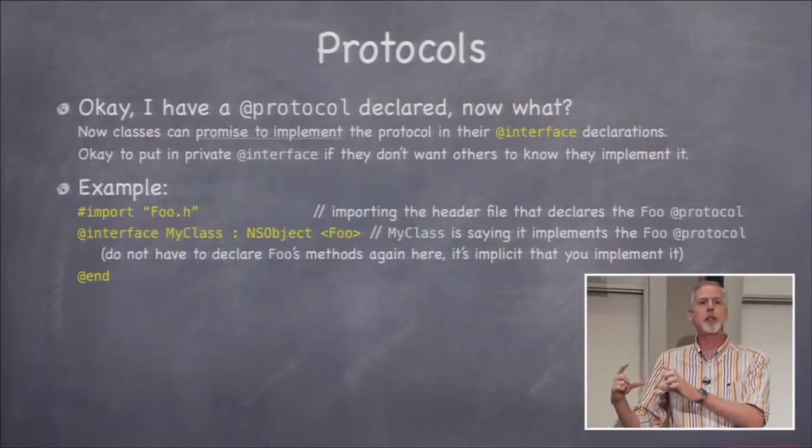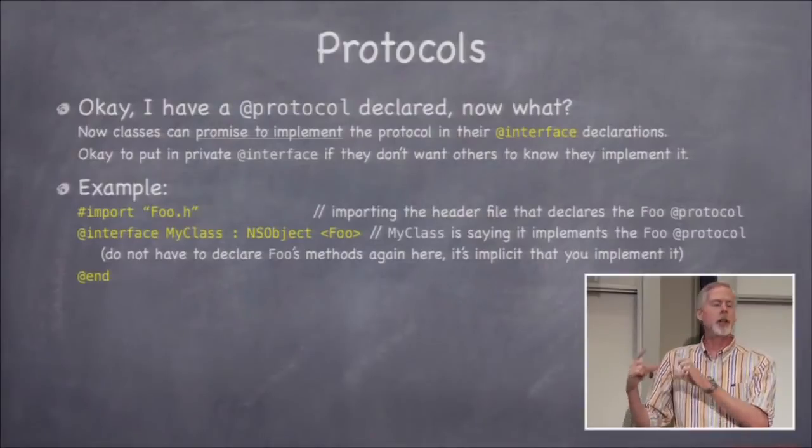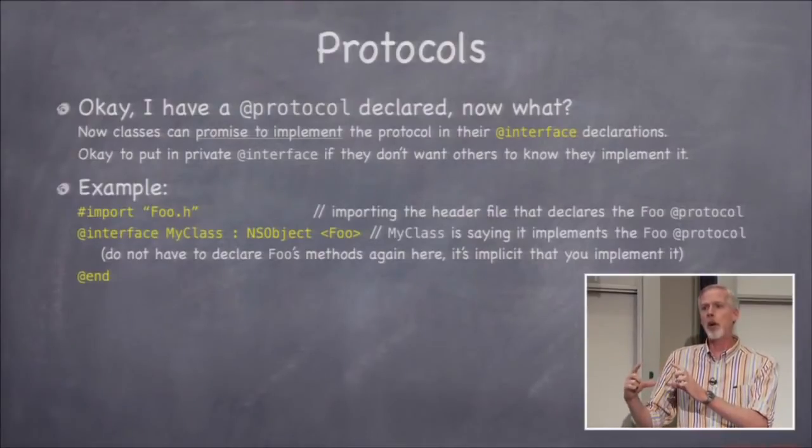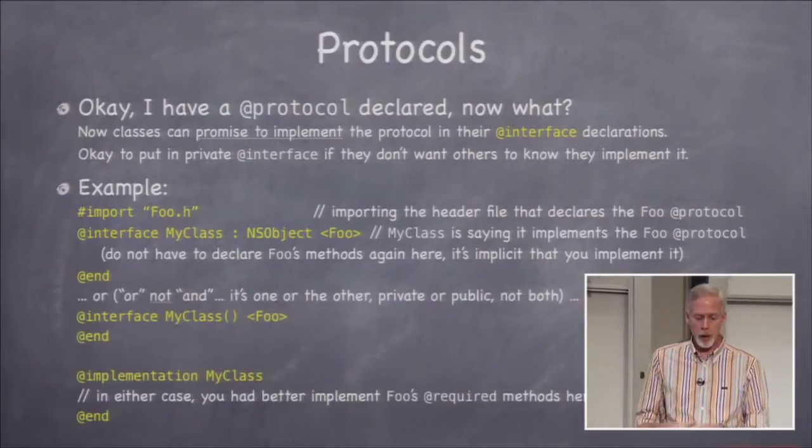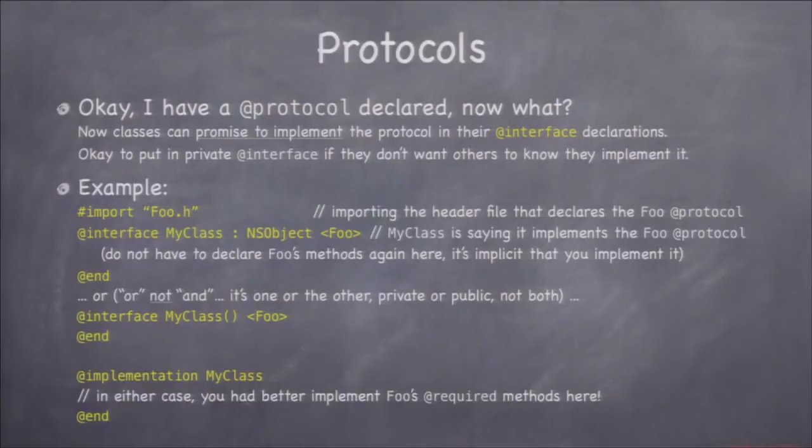That means my class is promising to the compiler and to readers of this code that I'm going to implement all the required methods in foo. You can make the promise publicly like that, or you can make it privately by putting it in your @interface, my class, parentheses, in your implementation. You can just put it there if you're only required to implement that protocol for something that's in your implementation only, not any public thing.